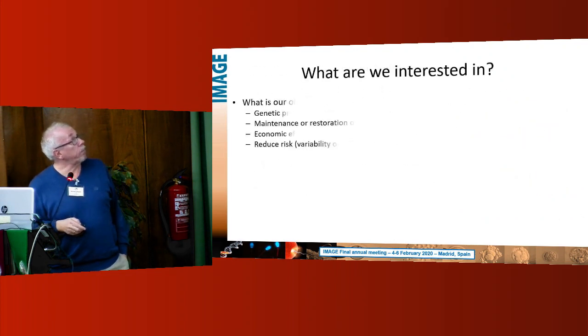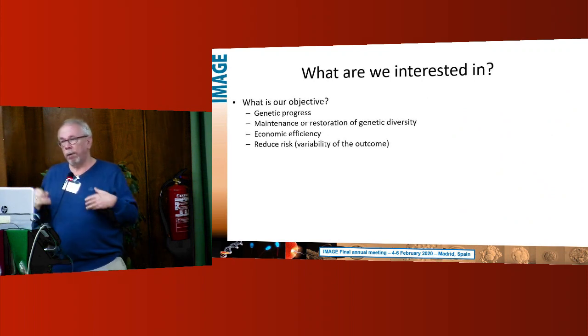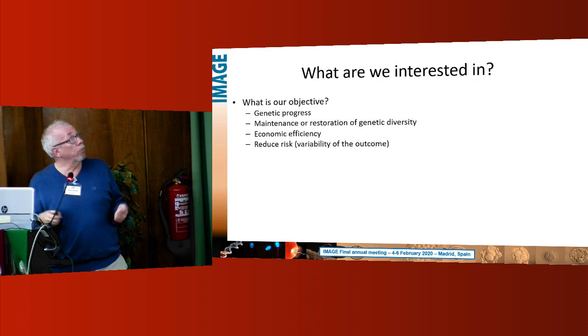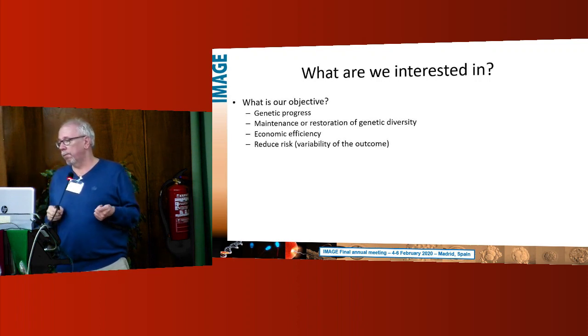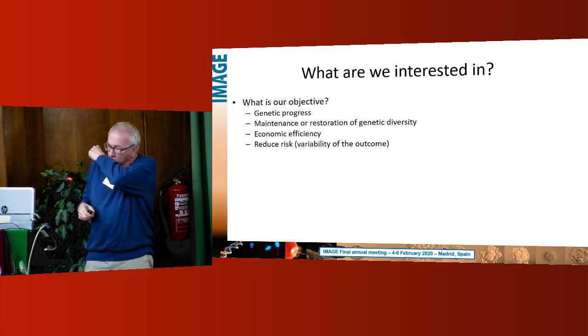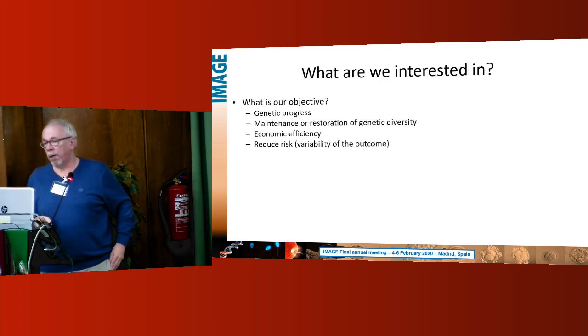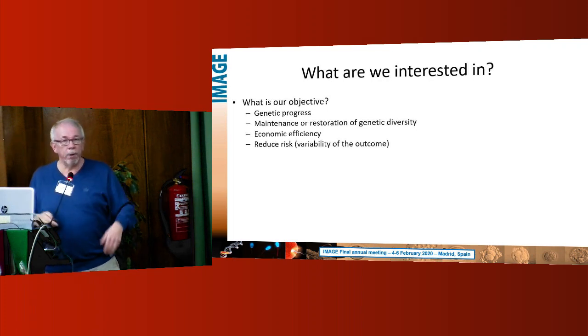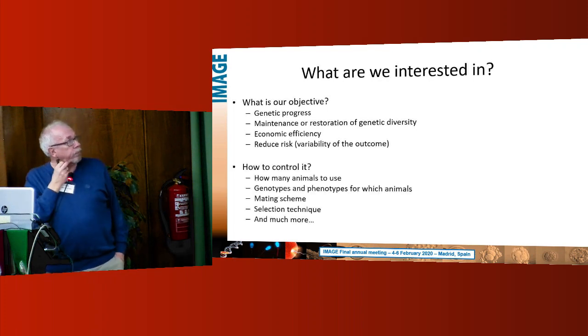So what are we interested in when we think about breeding programs? We are interested in genetic progress, but also maybe in maintenance or restoration of genetic diversity. Also in economic efficiency or the risk, which is linked to the variability of the outcome.